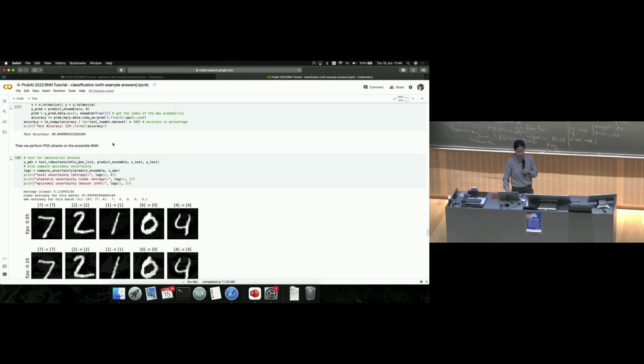By the way, there was a NeurIPS competition 2 years ago on Bayesian deep learning in terms of evaluating approximate inference, and the winning solution is a combination of deep ensemble and mean field variational inference. So we are basically just trying to use the best method possible. Now with some small amount of noise that you probably cannot see, I cannot see either, it can still give you a pretty good and robust result.